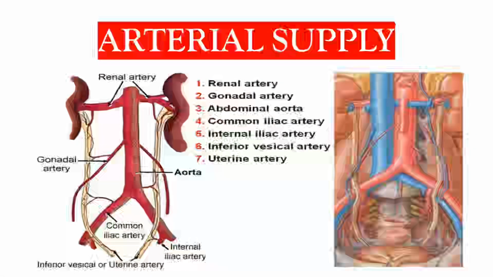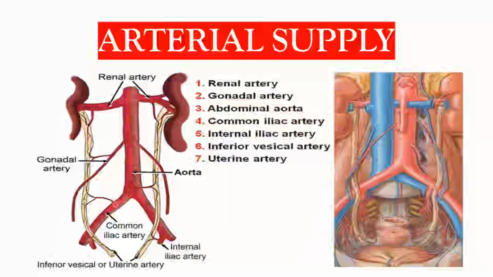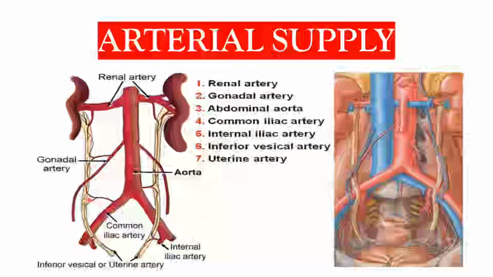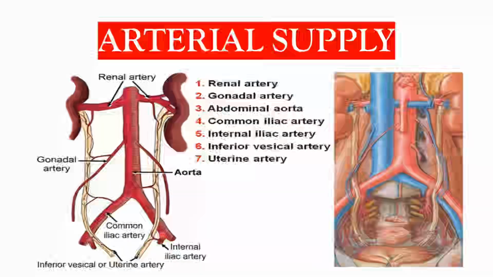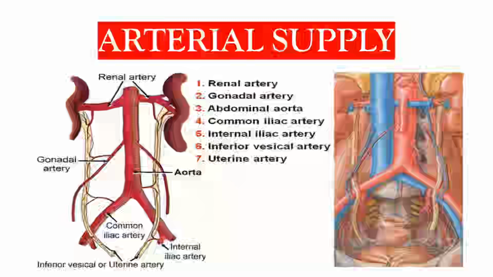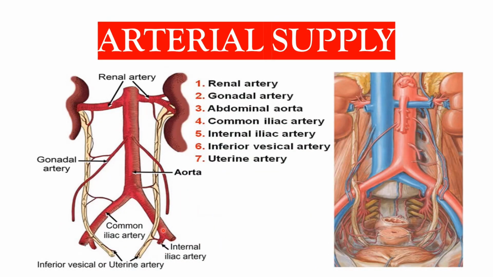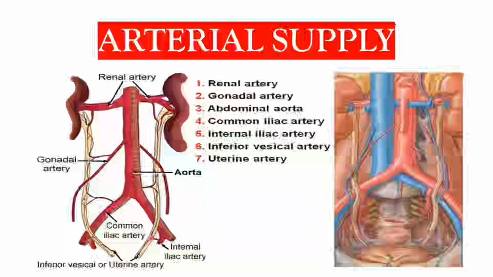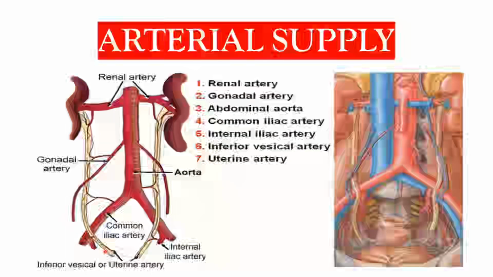There's a branch from the abdominal aorta supplying the ureter as you move downwards. Then there's the common iliac. There's also another branch from the common iliac giving arterial supply to the ureter. Then the internal iliac artery, which is formed after the bifurcation of the common iliac, also gives a branch to supply the ureter. Okay, then we have the inferior vesical or the uterine artery.